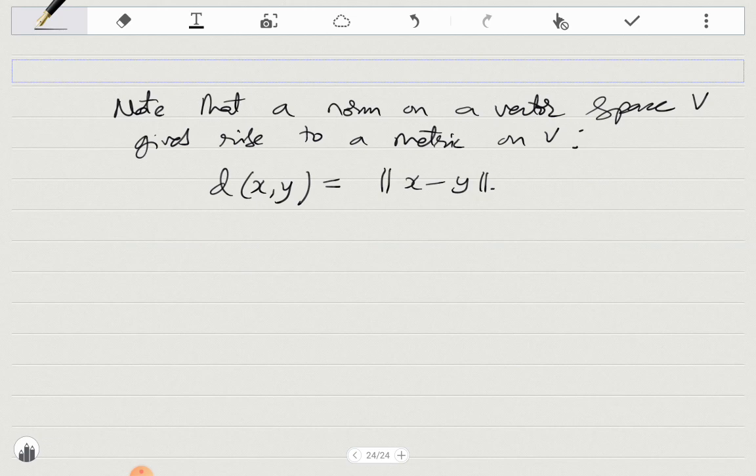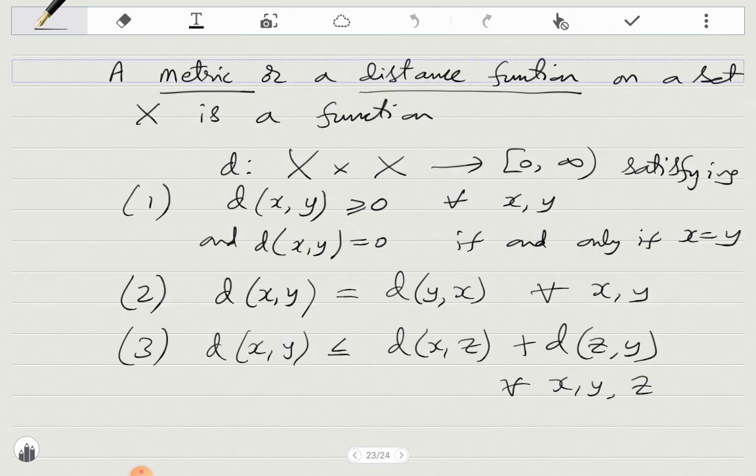So let's quickly see that if I define a metric like this, it is indeed a metric in the sense that it satisfies the three properties.